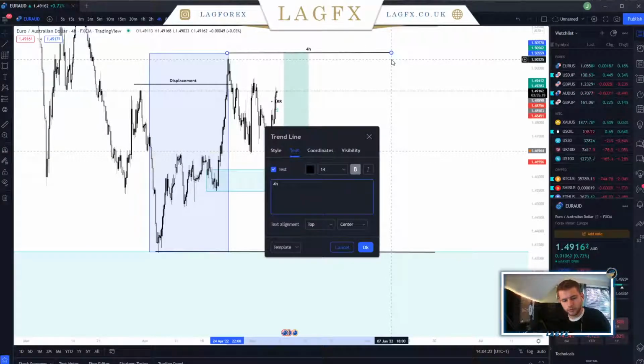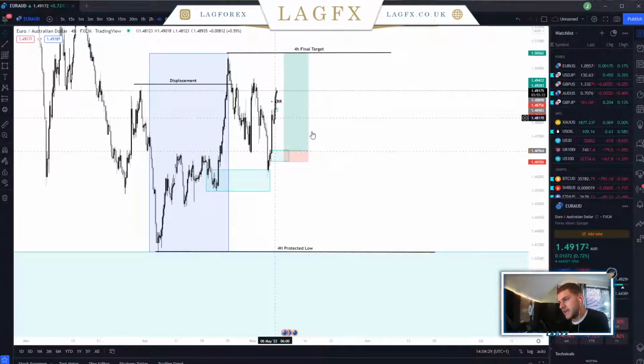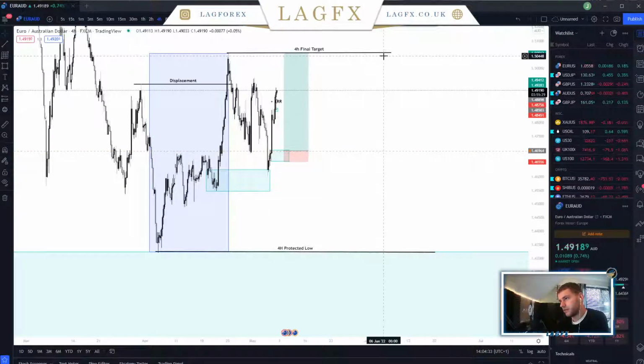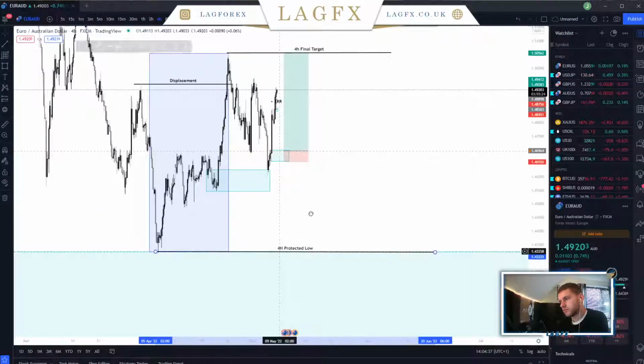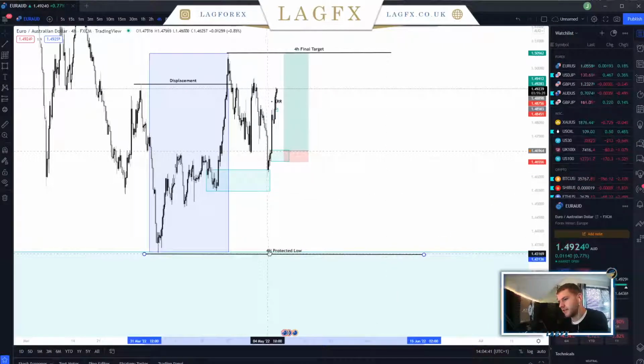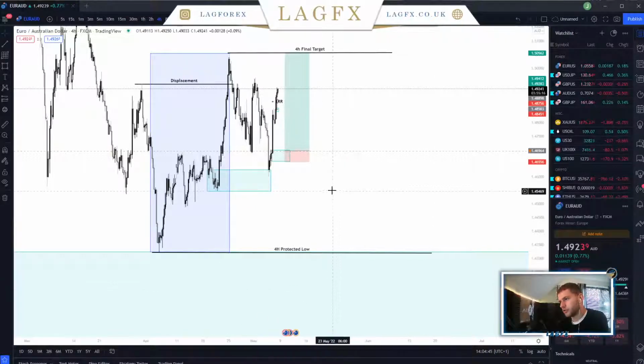Our final target. Okay, so if price was to exceed the 4 hour final target, I would then move this level to here. But we haven't exceeded that final target yet, so we leave that down there. So this is the 4 hour structure.